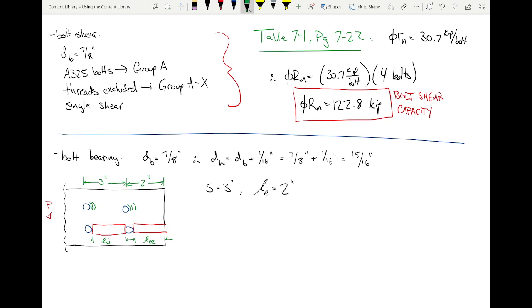Now, here's another point that's worth making. The bolt spacing requirements that we're going to check in a little bit, about bolt spacing and edge distance requirements, the ones that don't have anything to do with strength, the ones that have to do with whether or not the connection can be put together. We also need to check this one for that, because this dimension doesn't have a hill of beans to do with strength, but it better not be 1/4 of an inch, otherwise we still can't put it together.